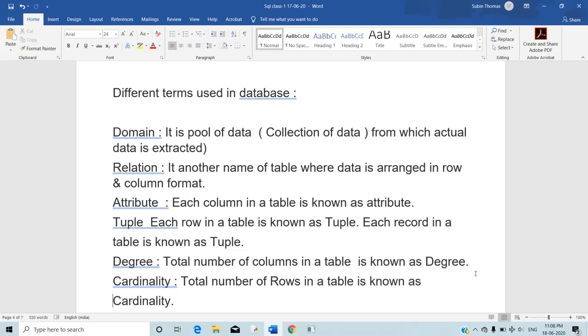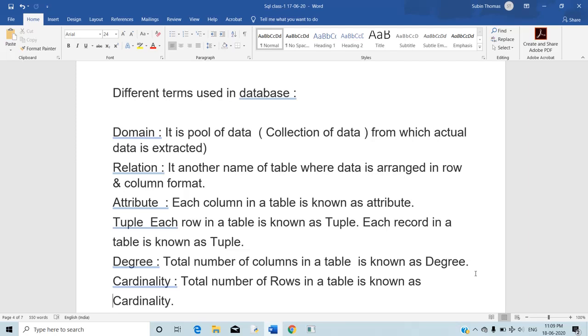Tuple means each row in a table. We studied that a table is a collection of rows and columns. So each row or each record in a table is known as a tuple.